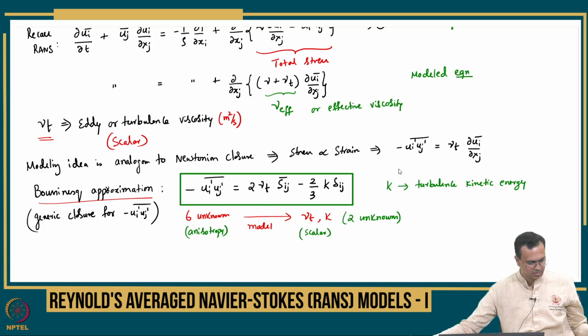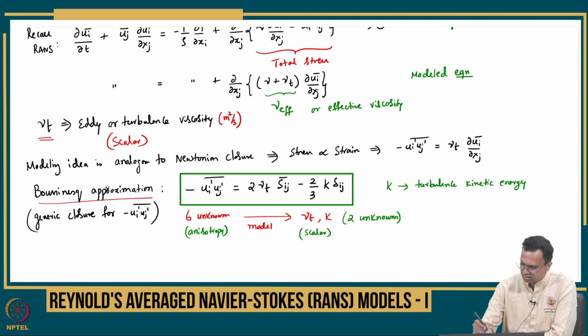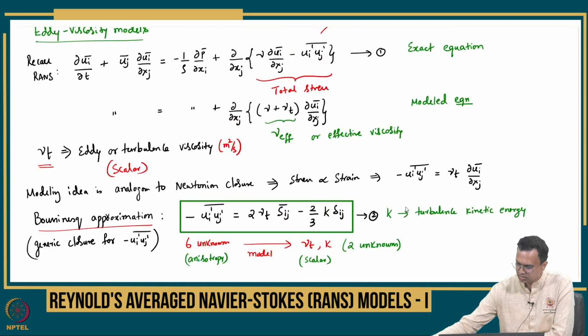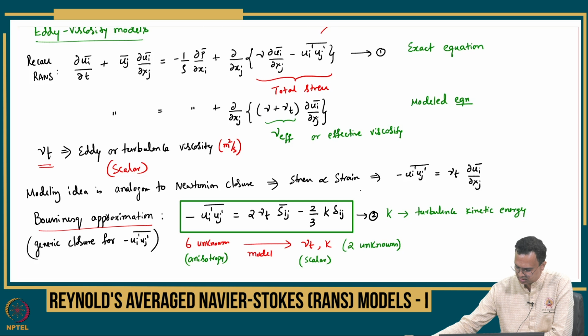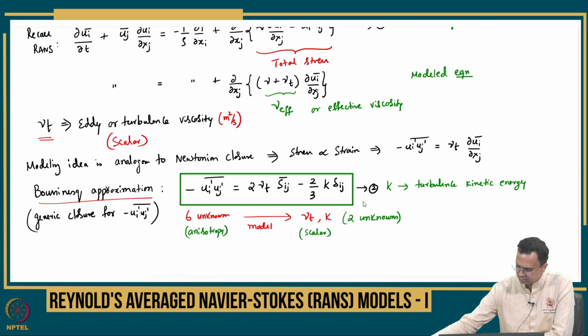Now the question comes, if I expand this equation a little bit, let's call this equation 2. So equation 2 is going to be substituted in equation 1 to close equation 1. You have this viscous stress part, and then this turbulence stress is replaced by the strain rate.